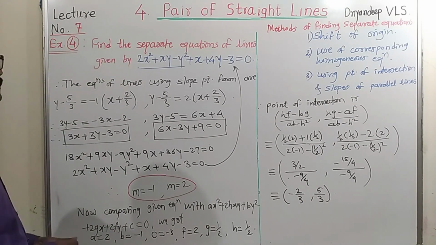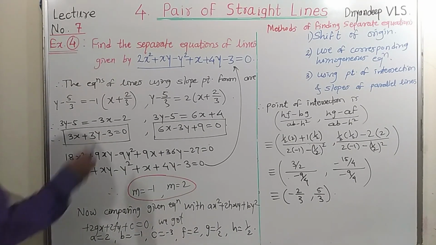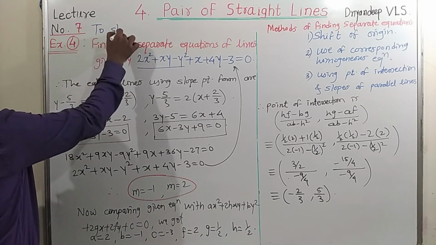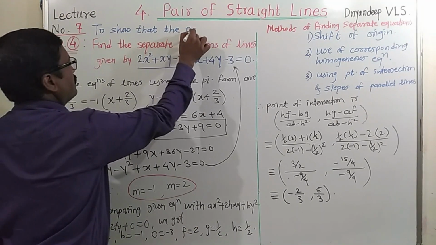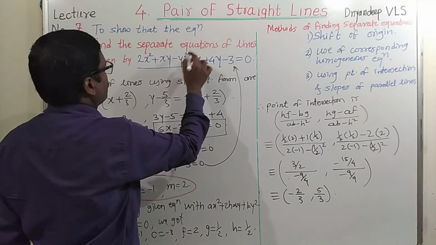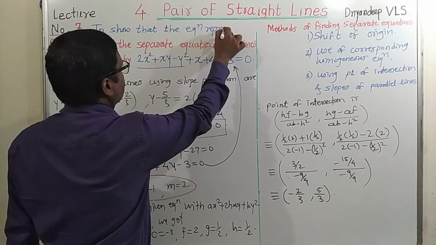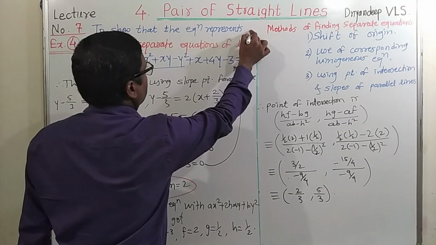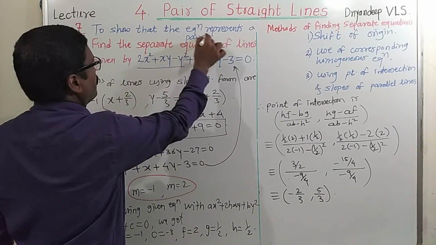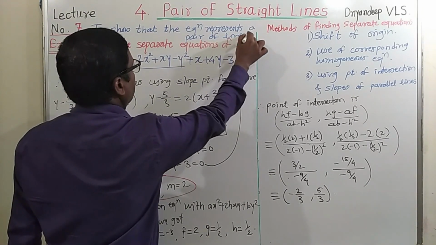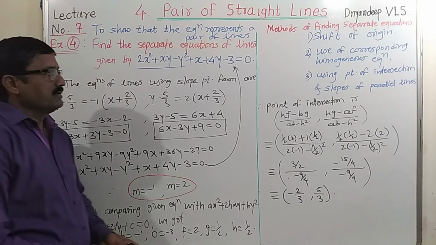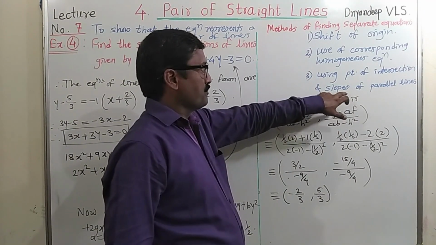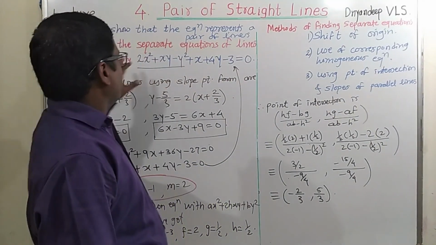Okay, so we can use this method also to show that the equation represents a pair of lines. Okay, so this one is the third method. Using point of intersection and slopes of parallel lines, we can find the separate equations of lines.